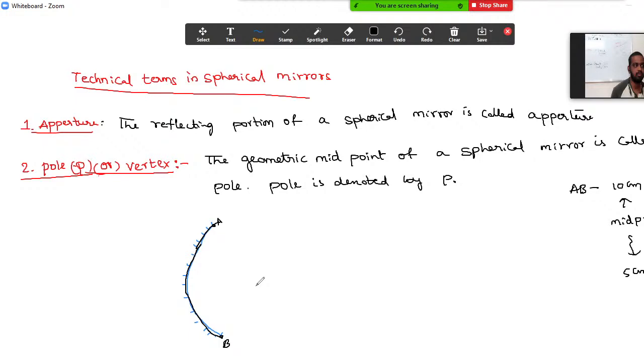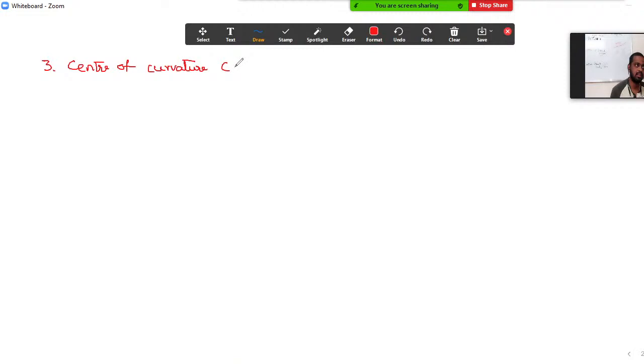Next, the third point is center of curvature. It is denoted by C. While finding the normals, all the normals pass through the center of curvature in the case of a concave mirror, right? First we will draw the diagram, then we will discuss the definition. If it is a concave mirror, all the normals will definitely pass through the center of curvature.